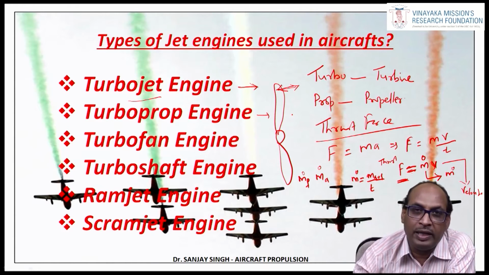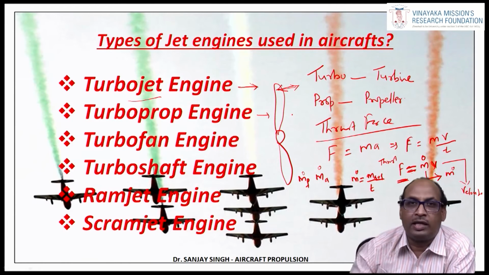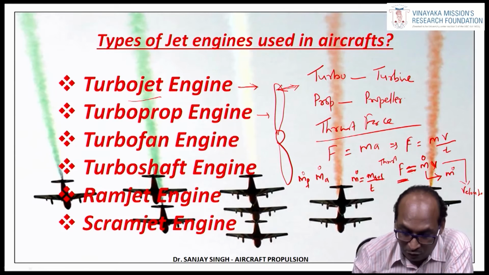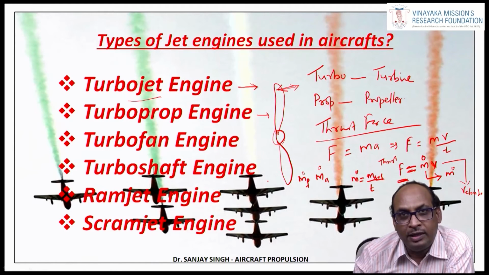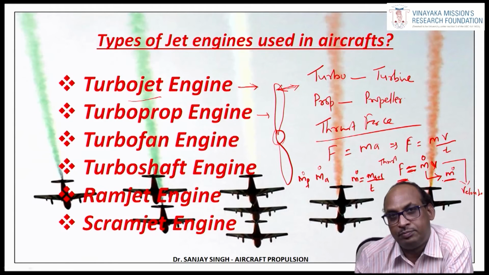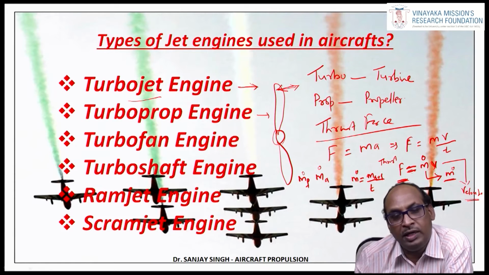As the propeller is attached to the engine and the engine is attached to the aircraft, the whole aircraft assembly moves forward. So where we use a propeller, the mass flow rate of air is increased, whereas the velocity of the gases moving rearward is less.